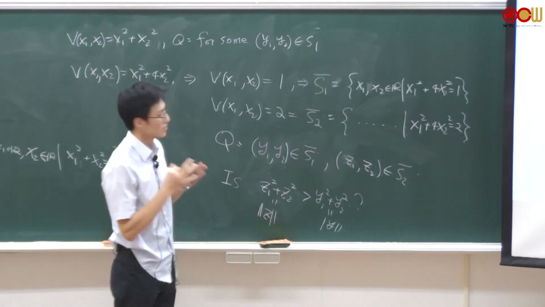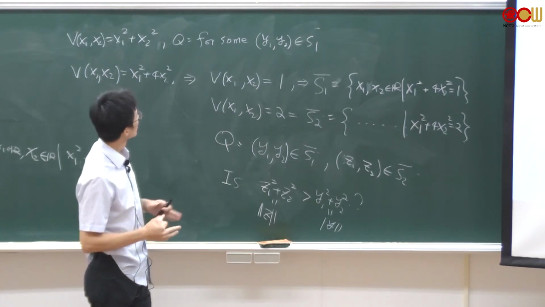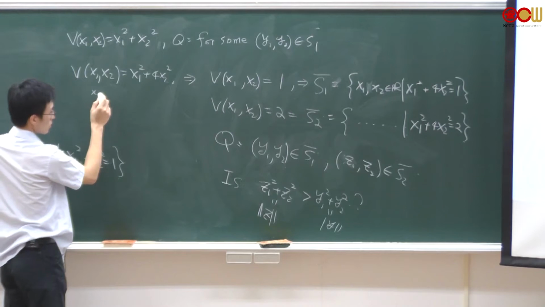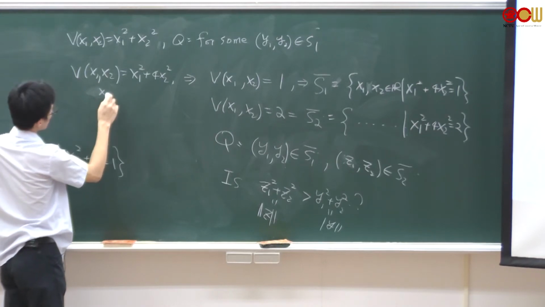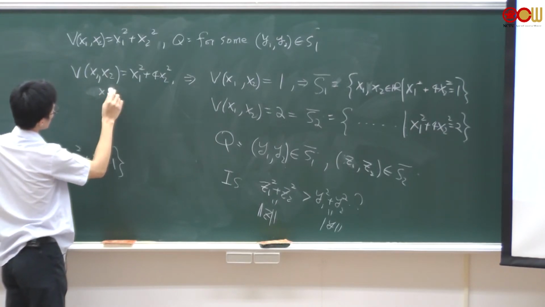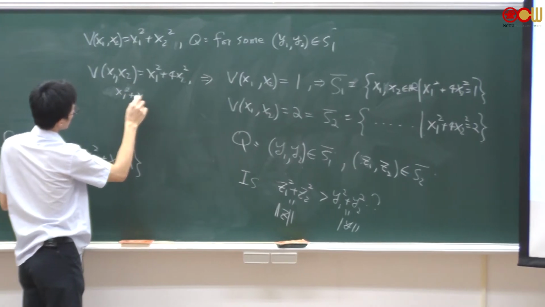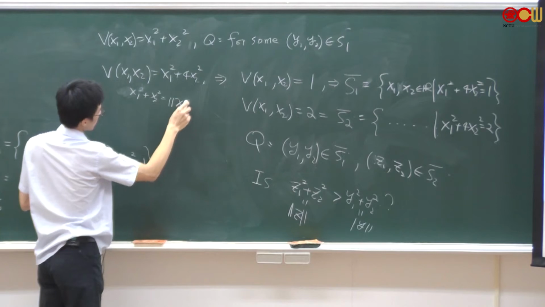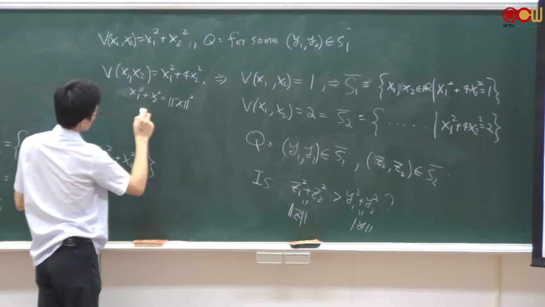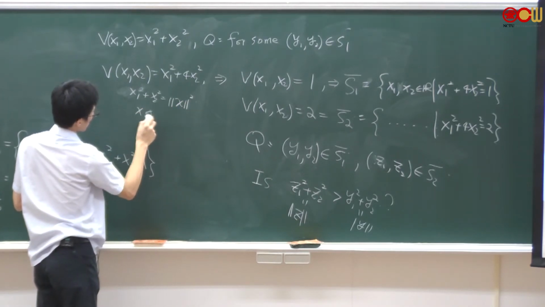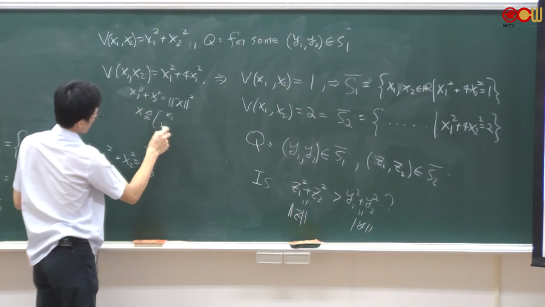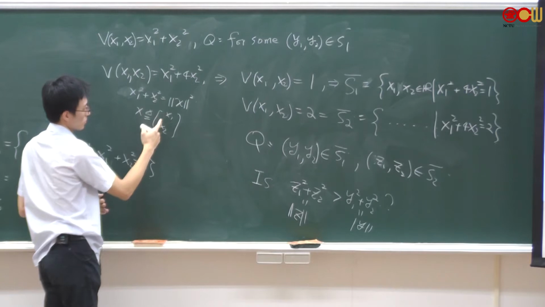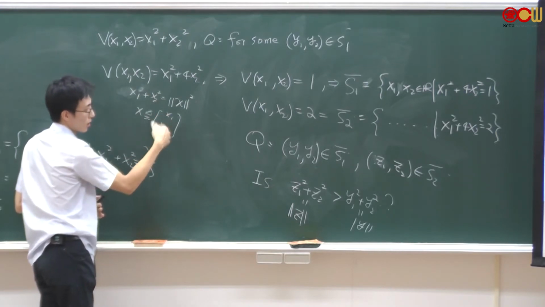y and z are some states, okay, like x1, x2. x is defined as a vector which is composed of x1 and x2, okay?